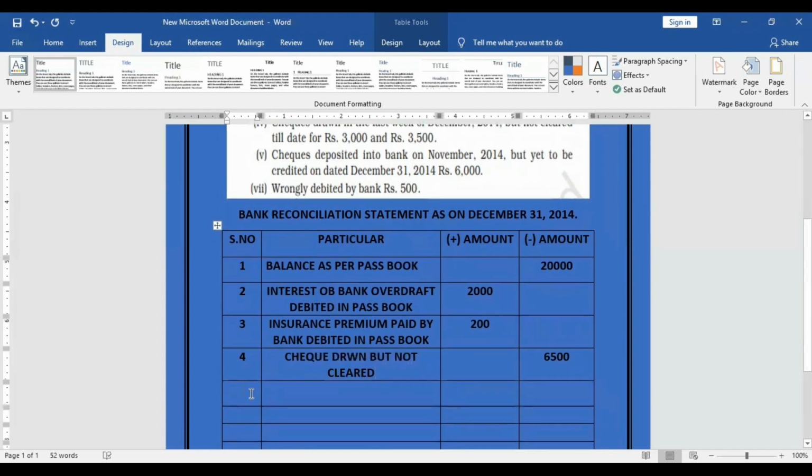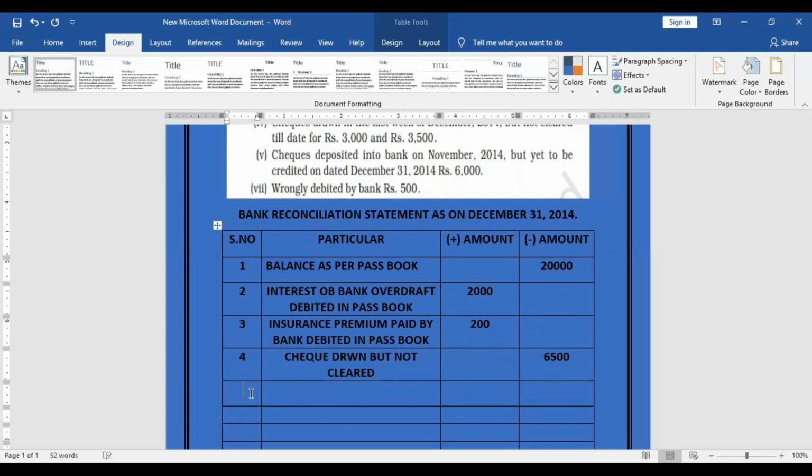Fifth one, check deposited into bank in November 2014 but yet to be credited on the date of December 31st, 2014, till the date of the BRS, the bank reconciliation statement. 6,000 rupees deposited into the bank by the account holder, but the banker has not collected the check money 6,000.